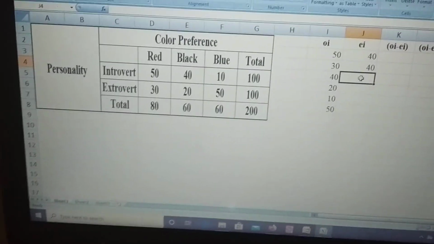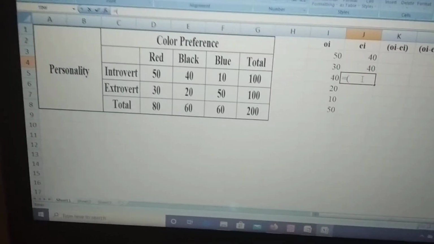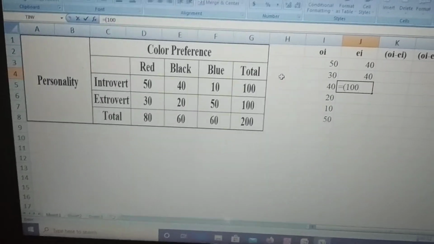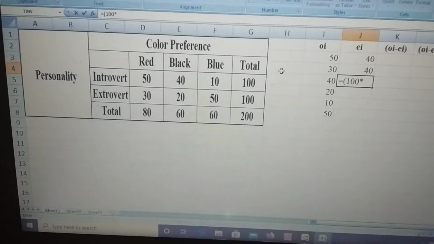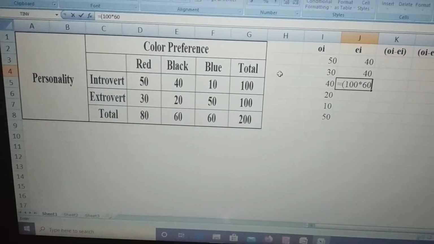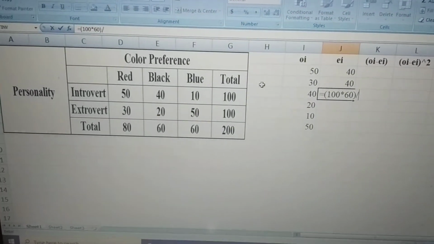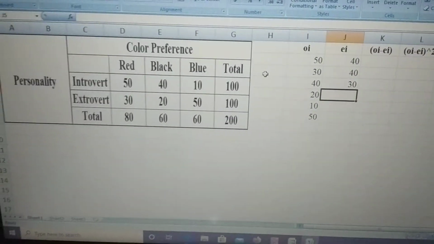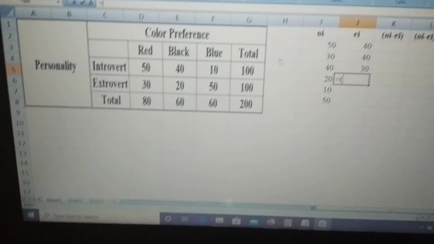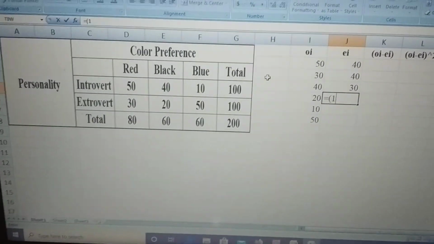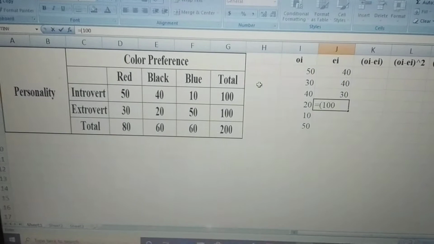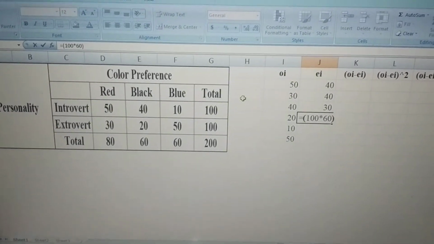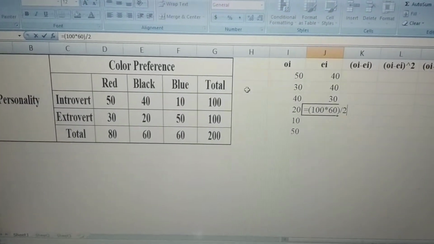Then for 40, the row total is 100 multiplied by the column total of 60, divided by the grand total, that is 200. Then for 20, the row total is 100 multiplied by the column total of 20, which is 60, divided by 200, the grand total.